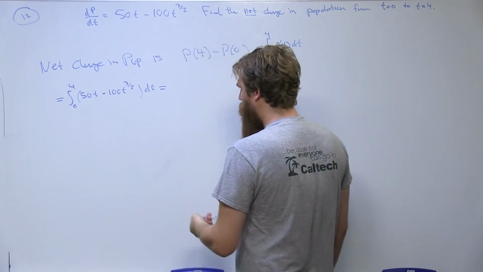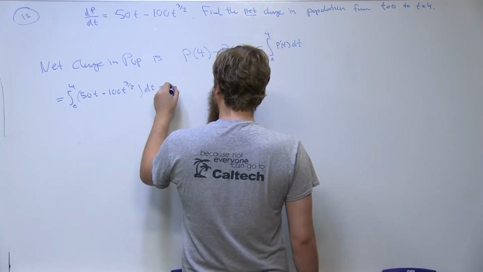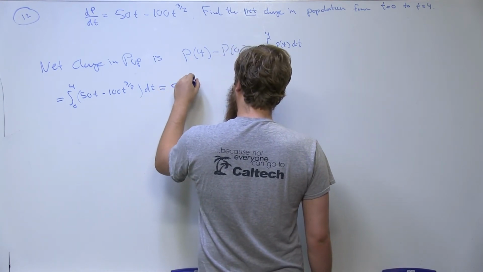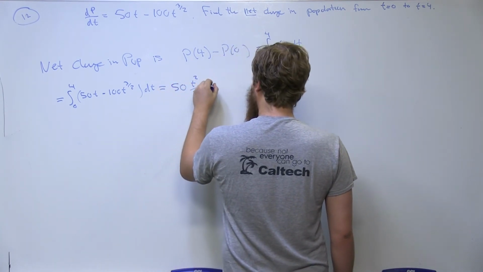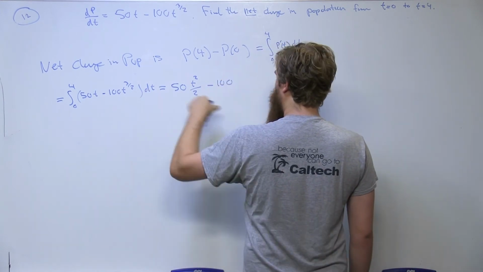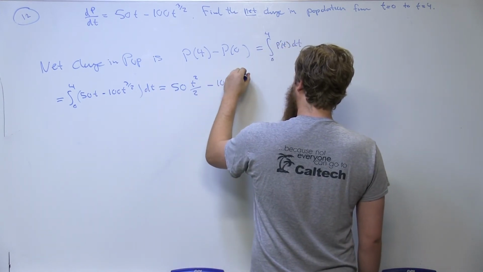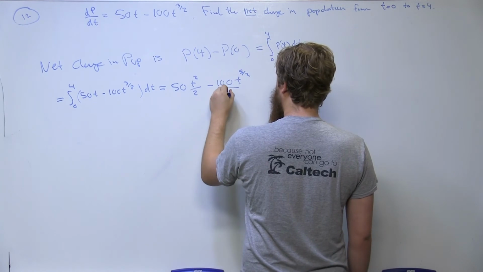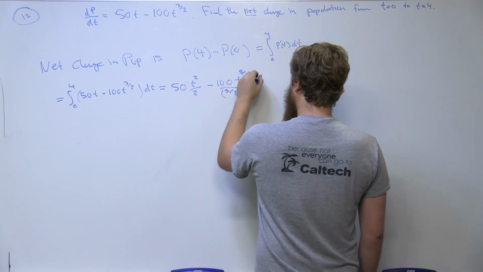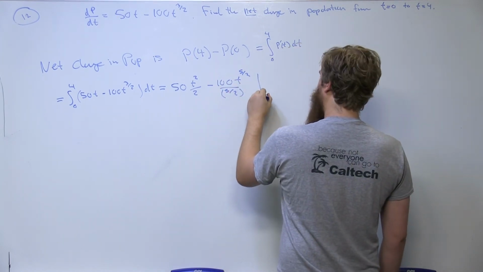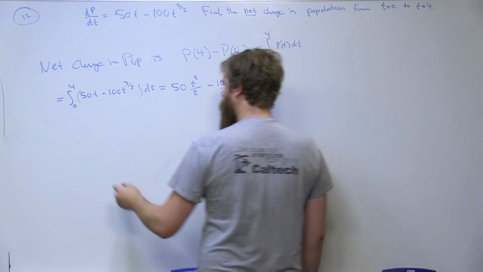Each of those are power rule problems. So for 50t, an antiderivative is 50t squared over 2, minus 100 t to the 3 halves becomes t to the 5 halves, and we must divide by 5 halves. And then we need to evaluate this between 0 and 4.